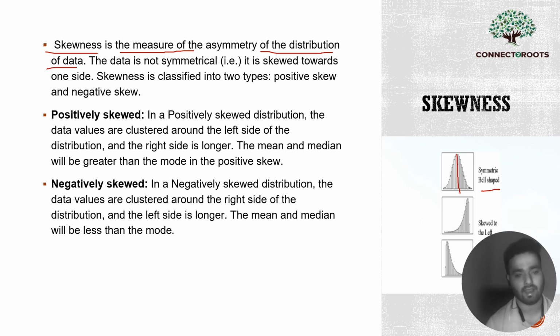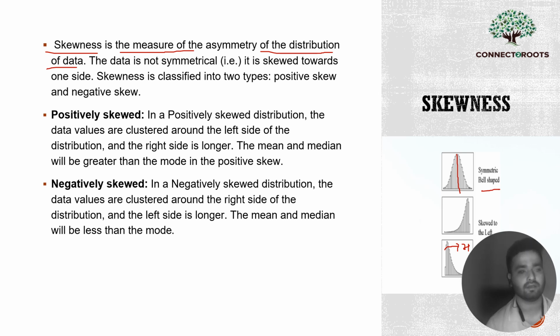This part is called the head of the data set, and this is called the tail of the data set. When your head is on the left side and your tail is on the right side, it is called right skew, and when the tail is on the left side, it's called left skew. The data is not symmetrical, it is skewed towards one side.